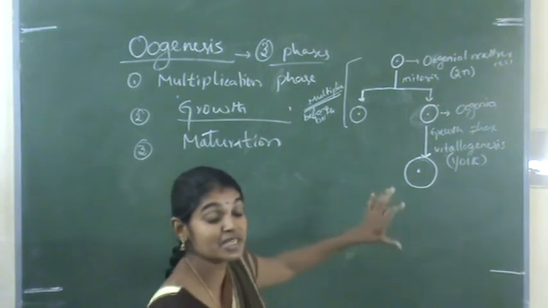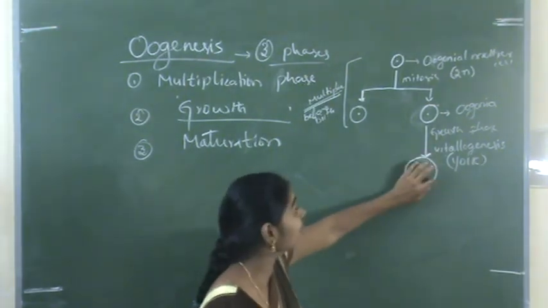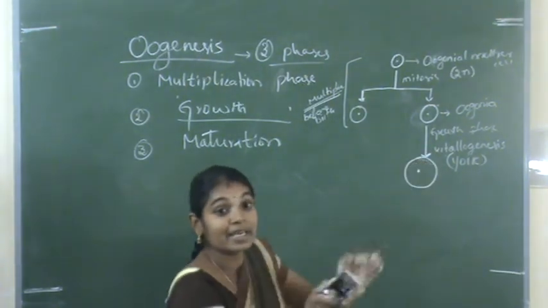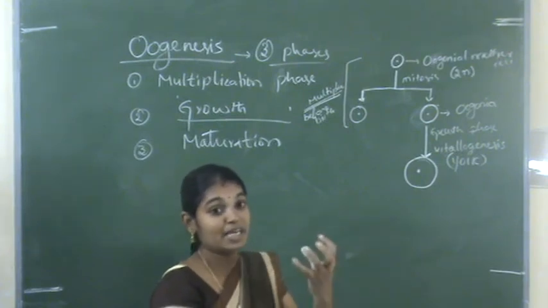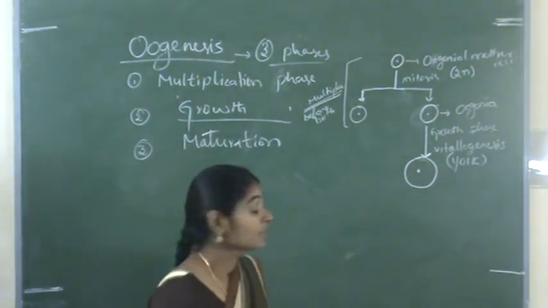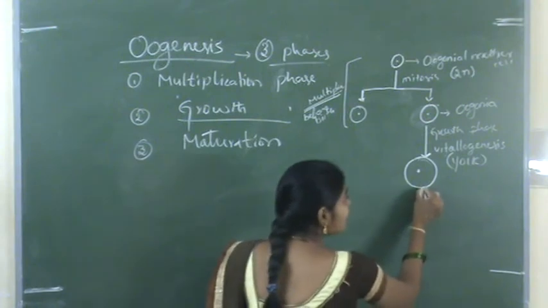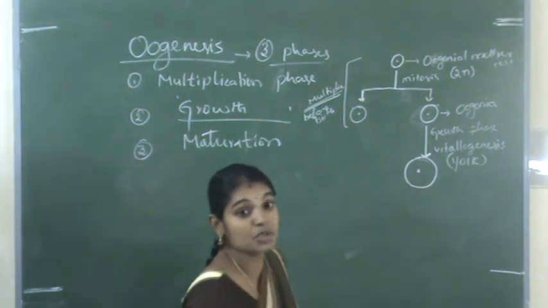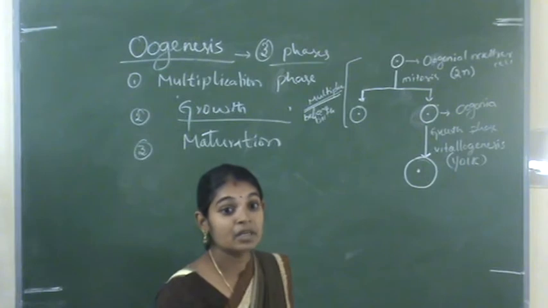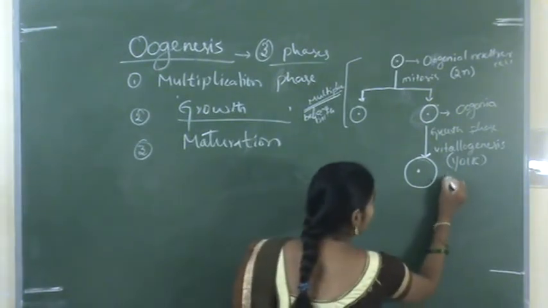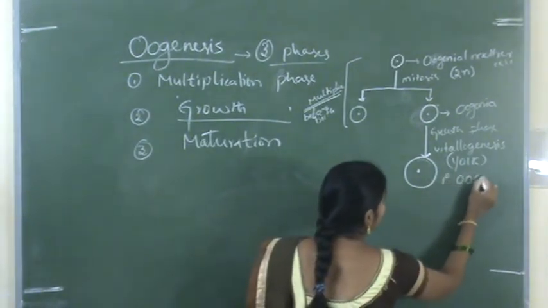Due to the formation of yolk, automatically the size of the cell increases. So it becomes a bulged cell, and now this cell is known as the primary oocyte.